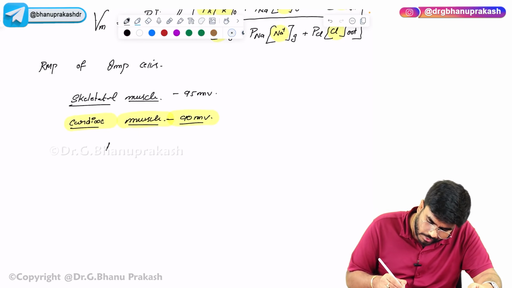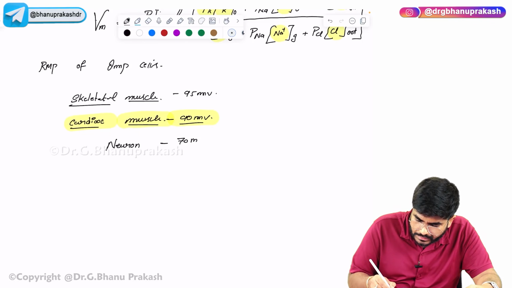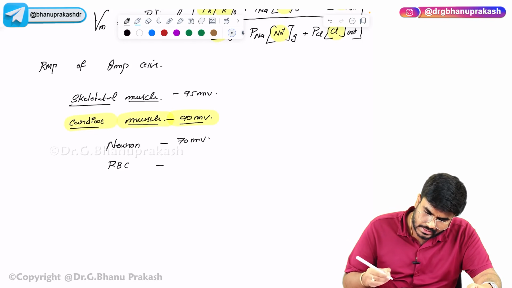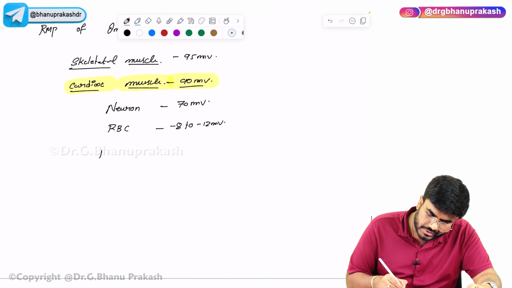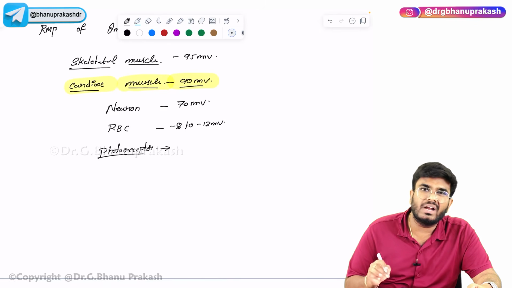Resting membrane potential of a neuron. You already know it, minus 70 millivolts. RBC resting membrane potential, minus 8 to minus 12 millivolts. Next, resting membrane potential of your photoreceptors. In the light phase, this is something called the Wall cycle.